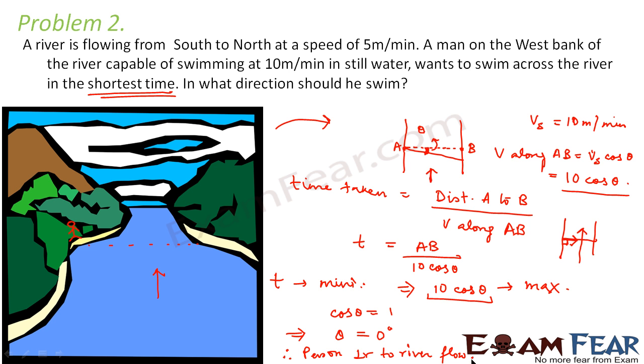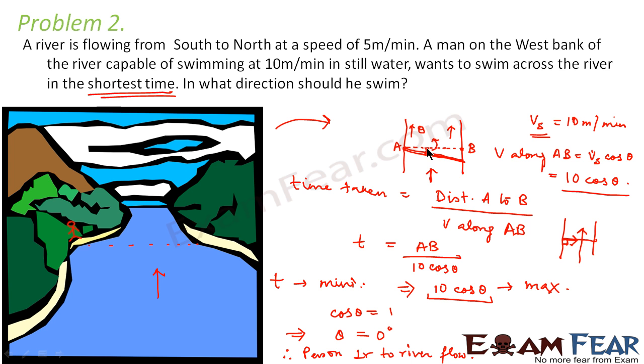Understand it once again. Let us suppose this is the river, water is flowing in this direction. A man wants to swim from this bank to this bank. In still water, suppose he is moving with a velocity of Vs. Since the river is flowing along this direction, he will get a push in that direction.